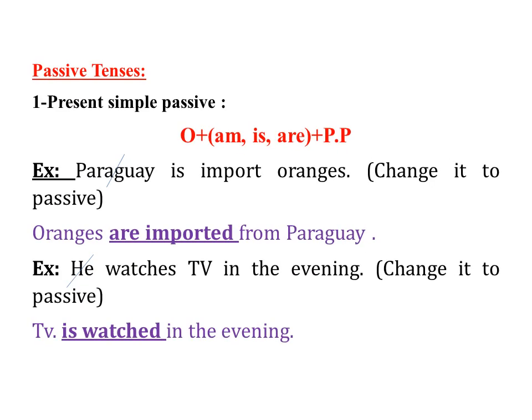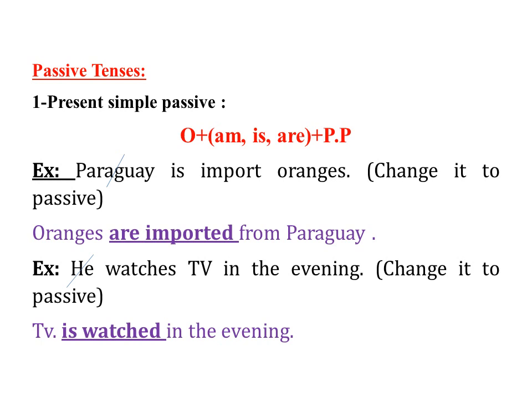Let us start with passive tenses. Number one, present simple passive. See this pattern: object, am, is, are plus past participle, because these are the auxiliary verbs used with the present simple tense.